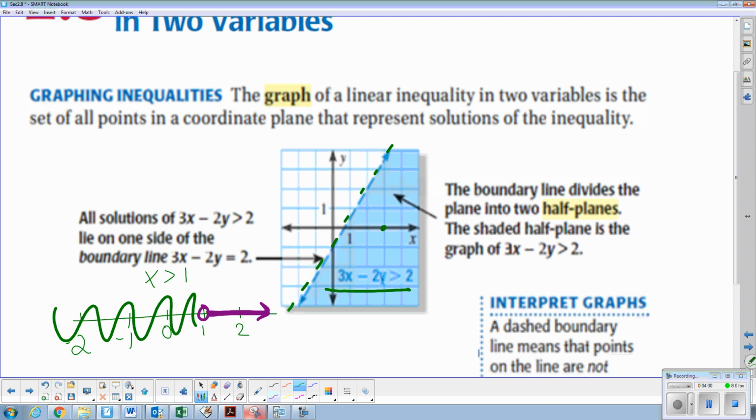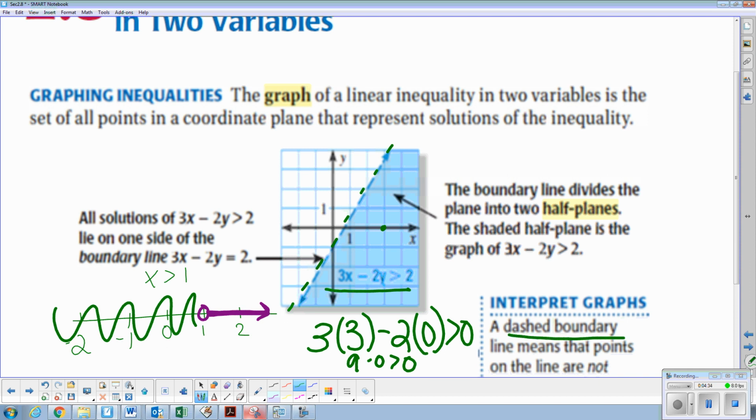So when x is 3, y is 0, that is a solution for this. So when x is 3, 3 times 3 minus 2 times 0 is greater than 2. And if we multiply it out, we get 9 minus 0 is greater than 2. That is a solution.